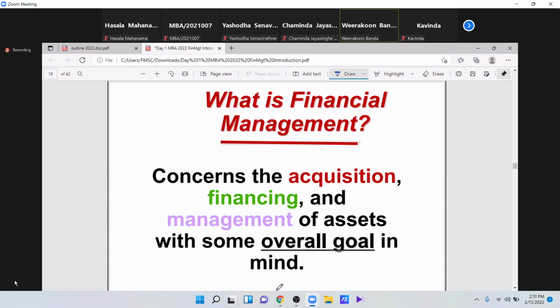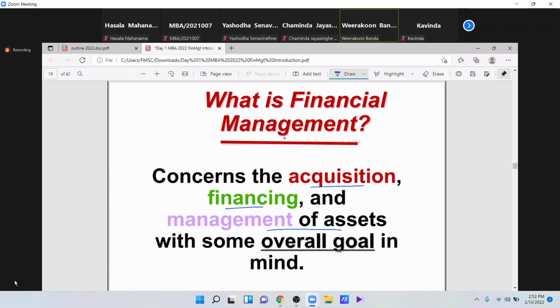So this is a brief idea concerning corporate financial management. What is here? Acquisitions, financing, management of assets. Three aspects.